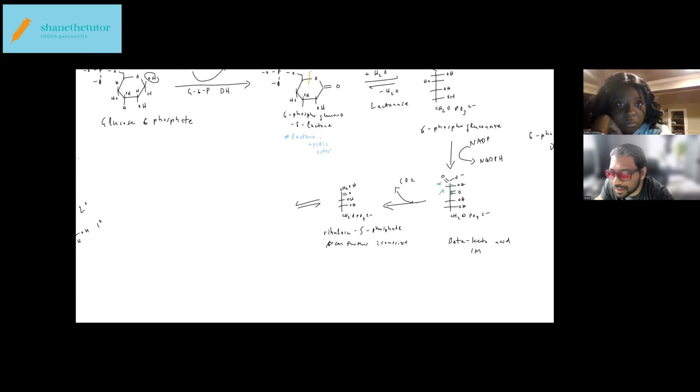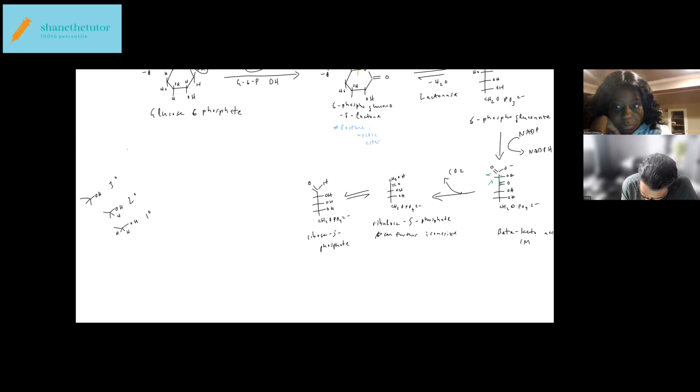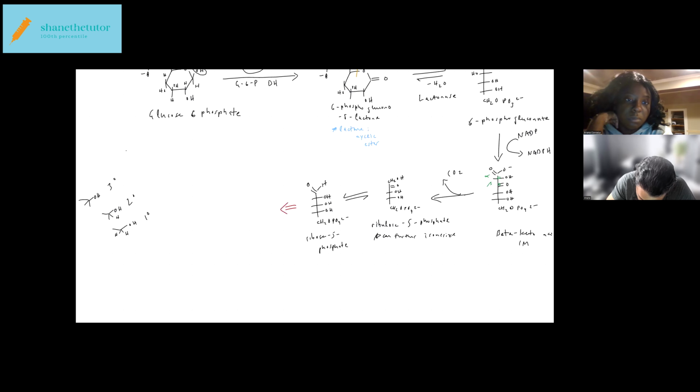So that's going to look like this. This is now ribose 5-phosphate, and this can all get incorporated into RNA, DNA, ATP, NAD, all of that stuff.